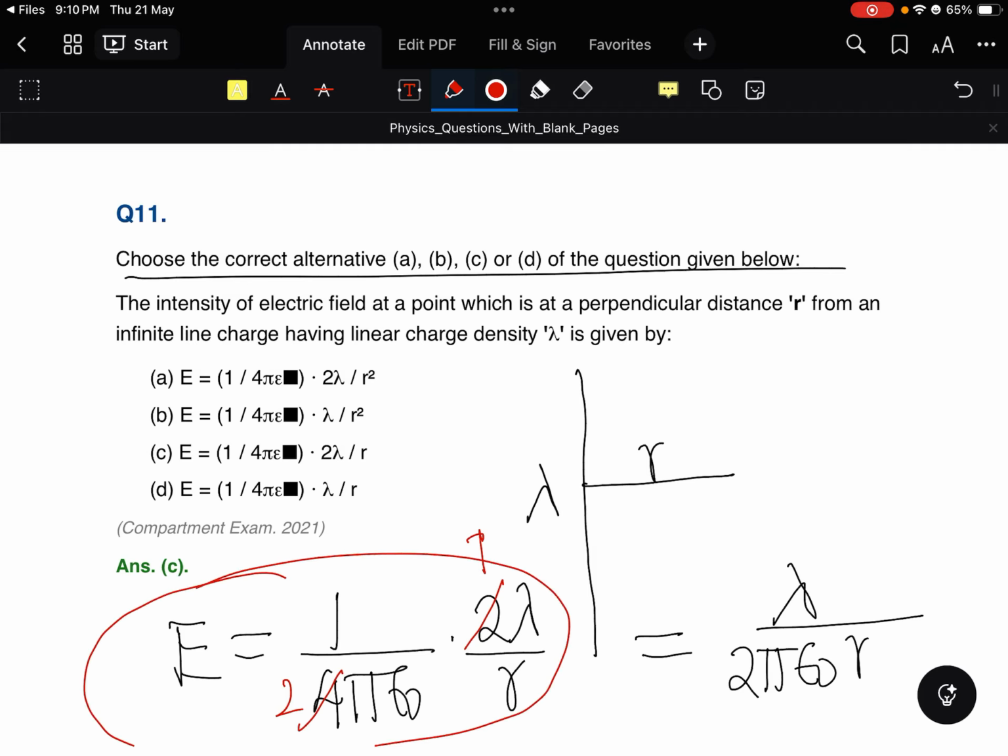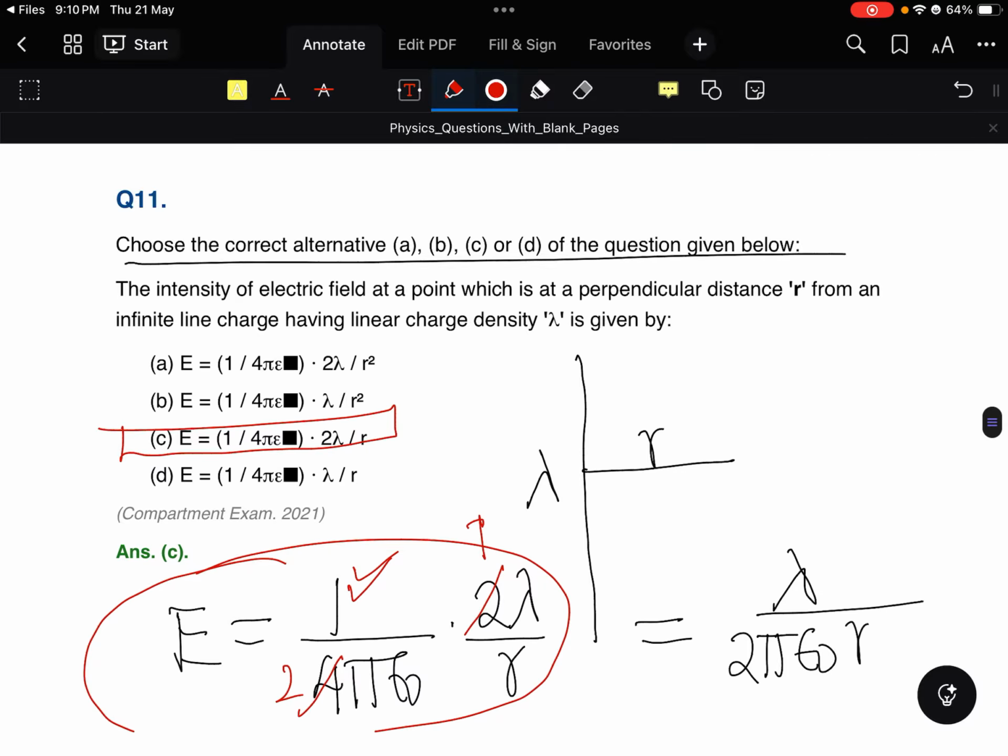But in numericals we use this because we know the value of 1 upon 4 pi epsilon naught. So which one is correct here? Perhaps this option C is correct. 1 upon 4 pi epsilon naught 2 lambda upon R.